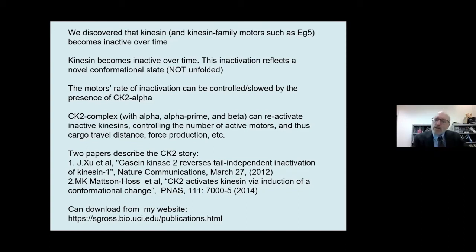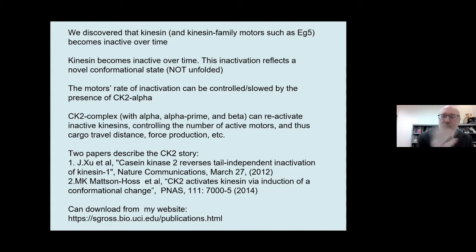And what's really interesting about this is that the kinesin becomes inactive over time. You might naively expect that that would result from the motor just unfolding, and then CK2 maybe acting as a chaperone, but that's not what happens.